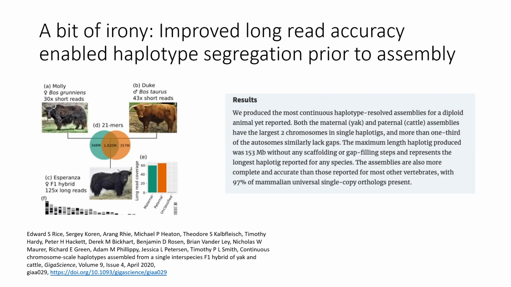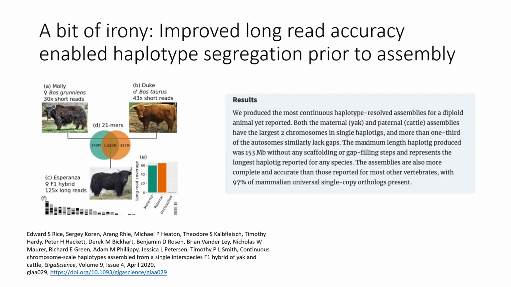PacBio HiFi data is so accurate. How accurate is it? It is so accurate that for the PacBio reads that come off of the machine, if you know what the genotypes and the k-mers of the parents look like, you can take each of those reads and assign it to a parent of origin.